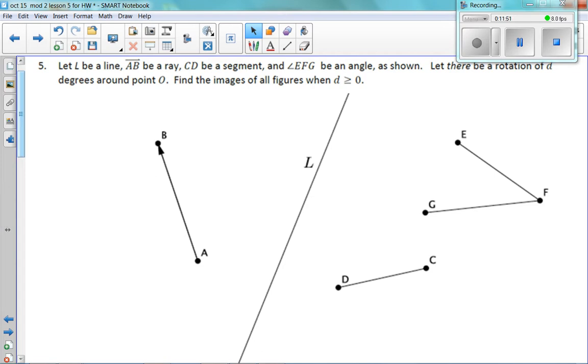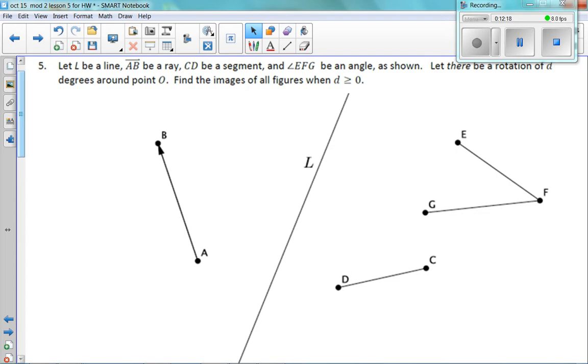Let there be a rotation of D degrees, so you pick the degrees, around point O. Find the images of all figures when D is greater than or equal to 0. So D could be 90, D could be 45, D could be 10, D could be 50, D could be 180, as long as it's greater than 0.